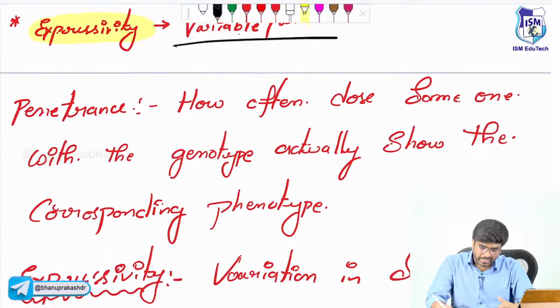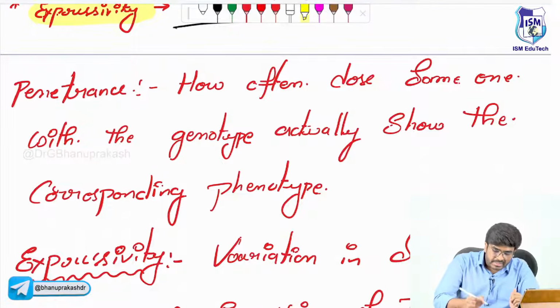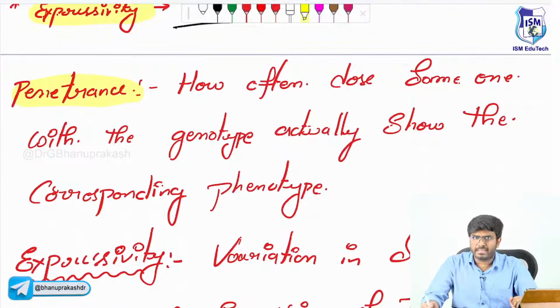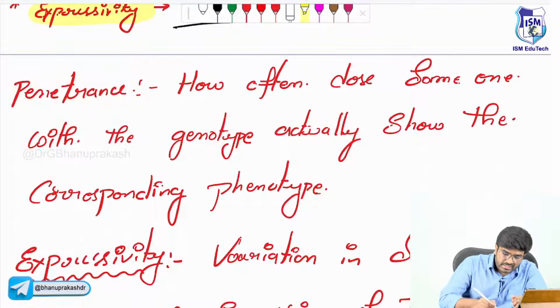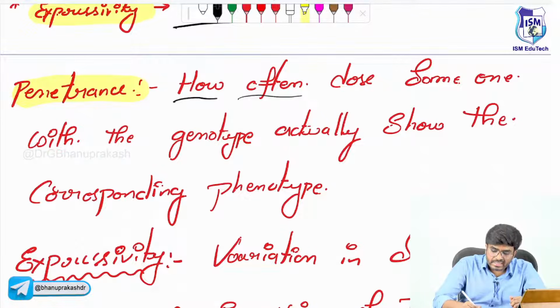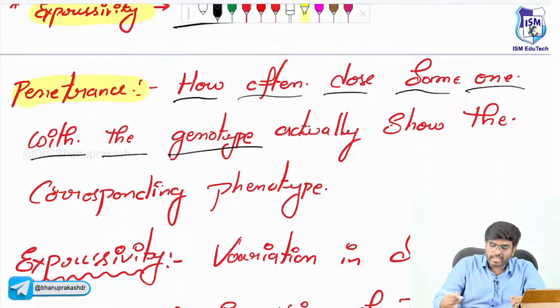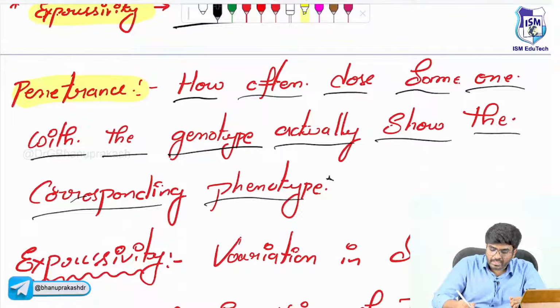Now, what is penetrance? In autosomal dominant disorders, the penetrance is incomplete and wide variable expressivity is seen. First, let's discuss penetrance. Penetrance is how often someone with the genotype actually shows the corresponding phenotype.